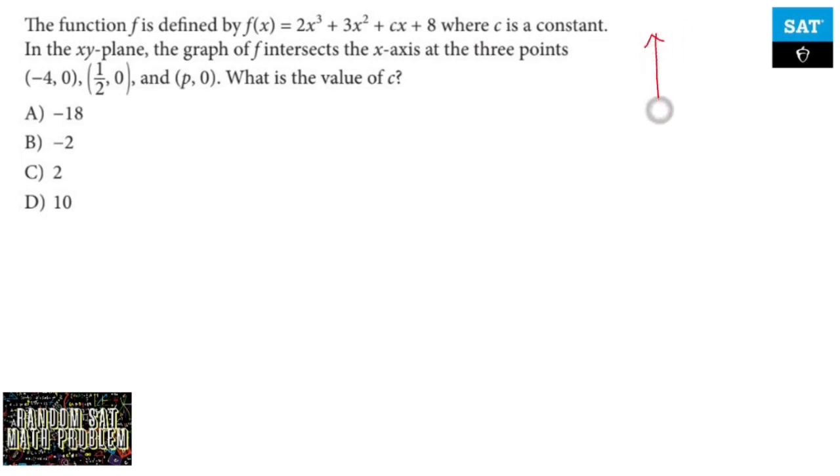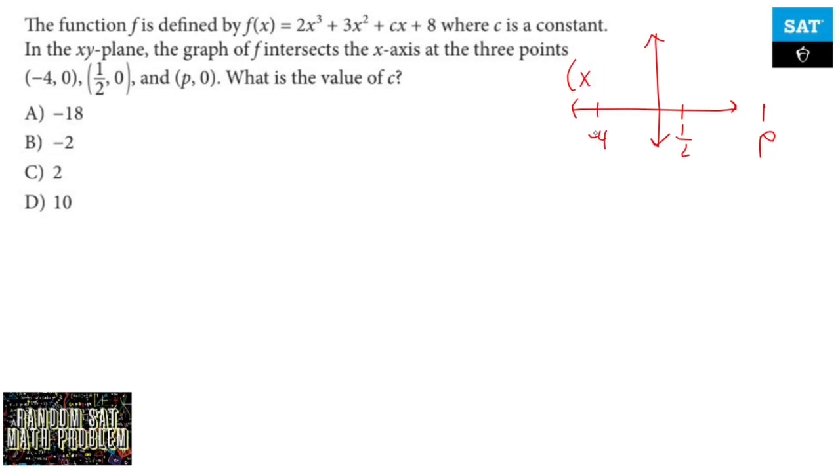What that looks like graphically is, if I were to draw out that cubic, I would have it go through -4, I would have it go through a half, and some random spot we don't know called P. Now, if a curve goes through the x-axis, that means it has a factor x minus something.